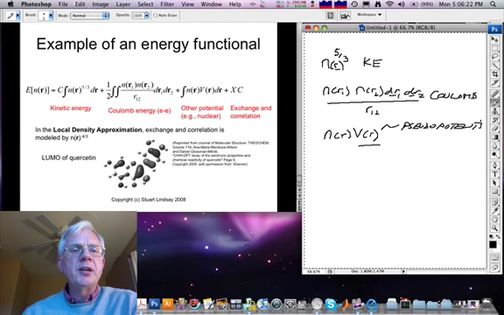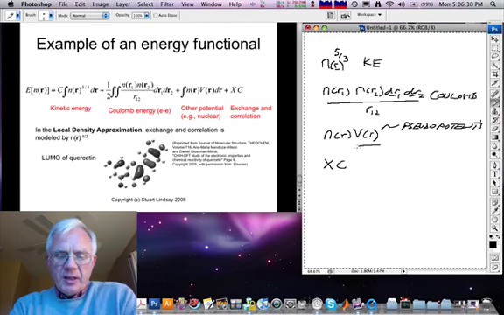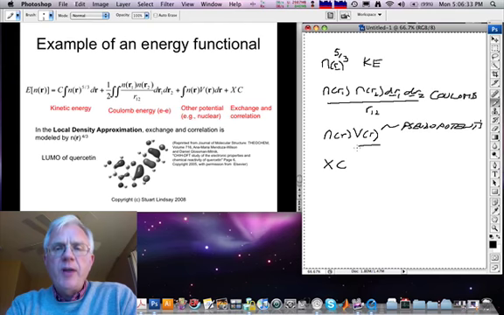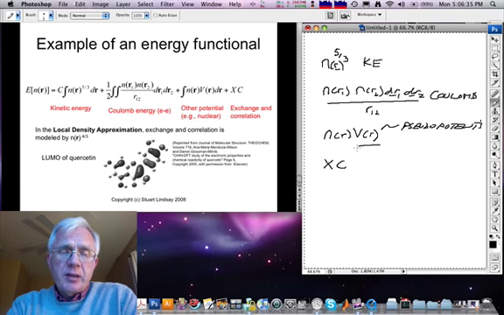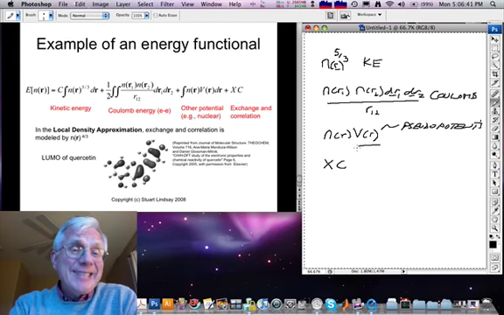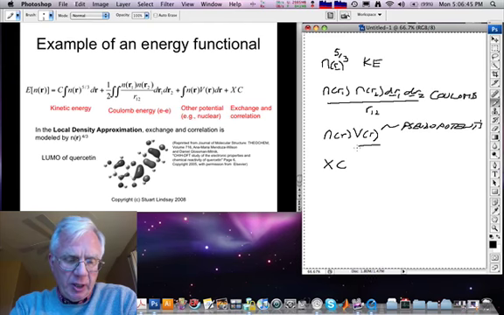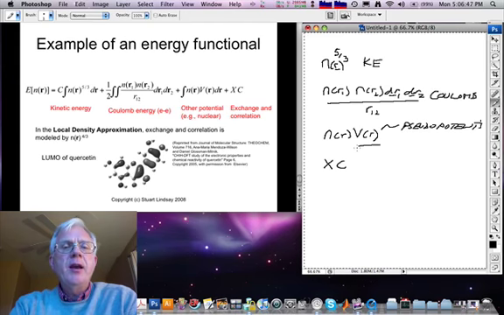The last term is a somewhat mysterious term called here XC for exchange and correlation. One of the difficulties with many electron wave functions is because electrons are fermions, you have to make sure that when you exchange any pair of electrons over any distance, you change the sign of the wave function, if you remember our discussion at the beginning of Chapter 2.